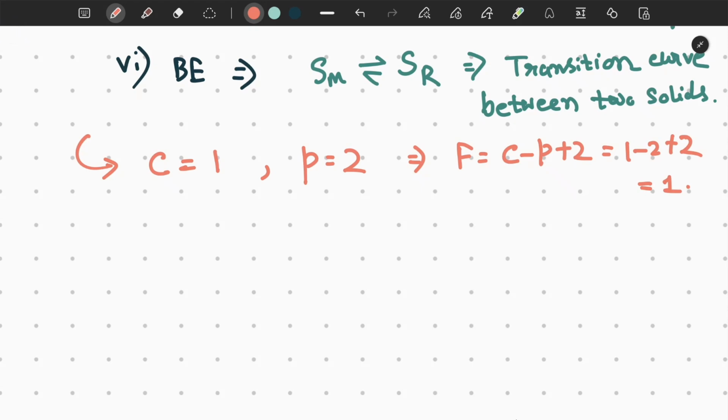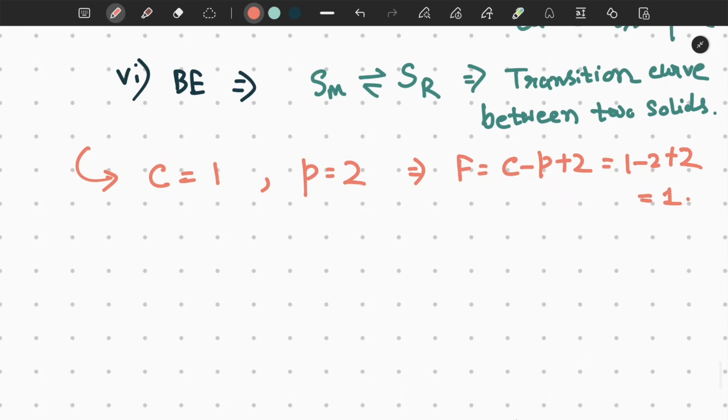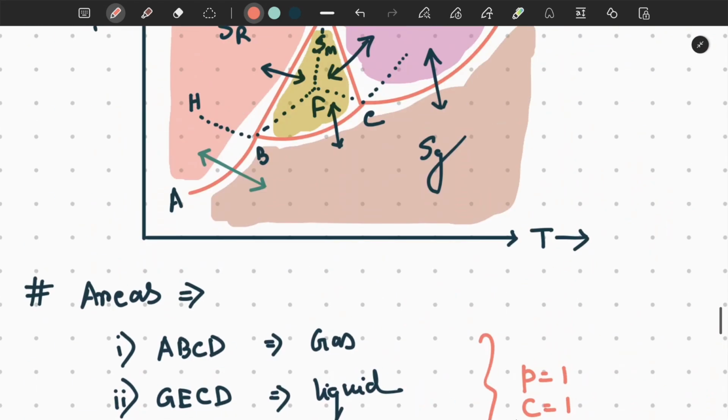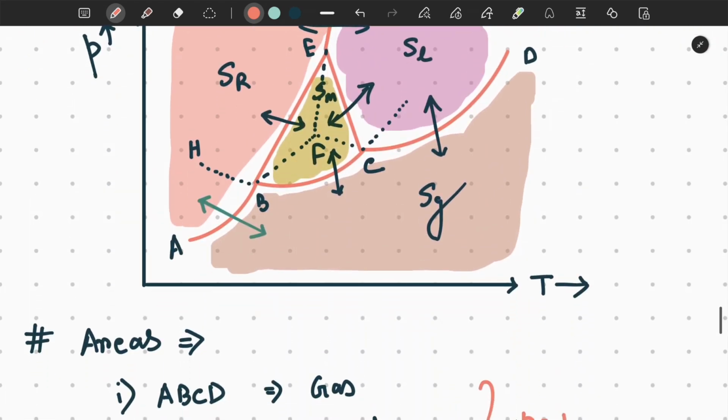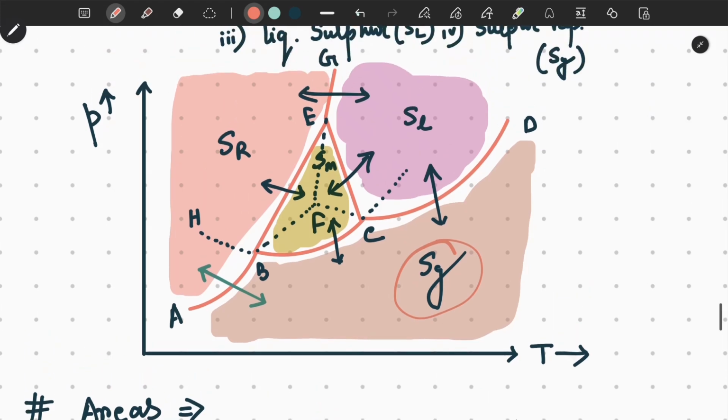Same as earlier, you see that each state, for example SG, is undergoing three transitions: SG to SL, SG to SM, SG to SR. SR also goes to three, SL, SG, and SM. SM also goes to three. All states are undergoing three transitions.